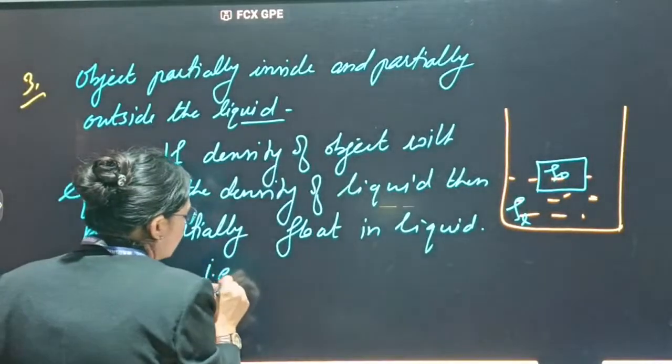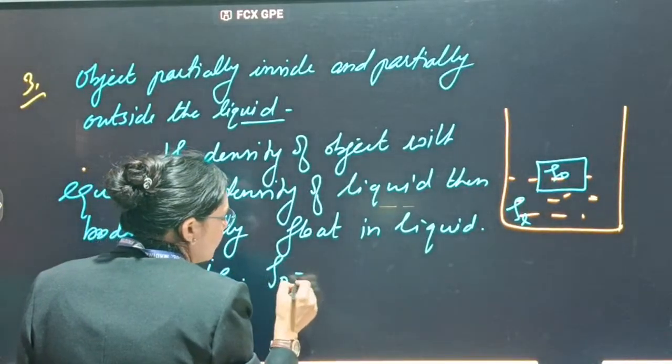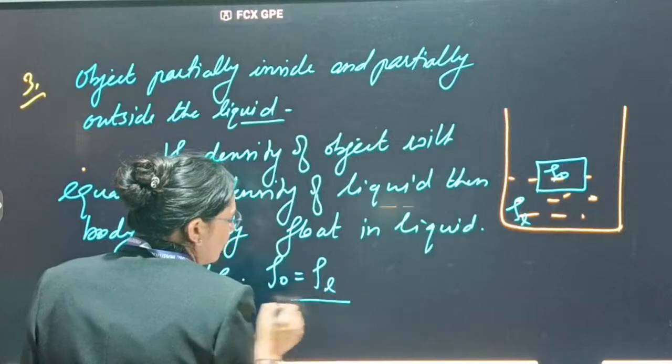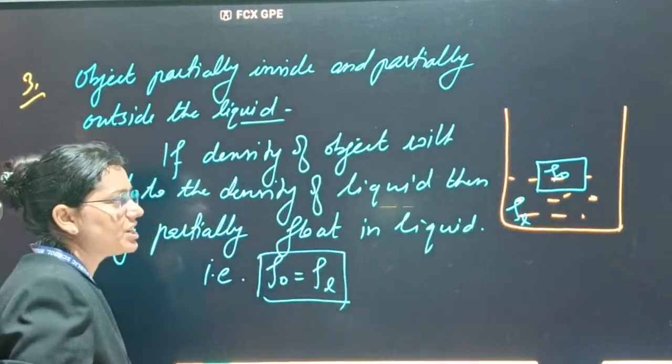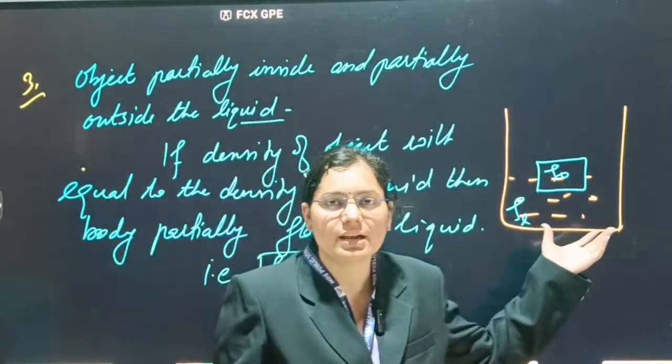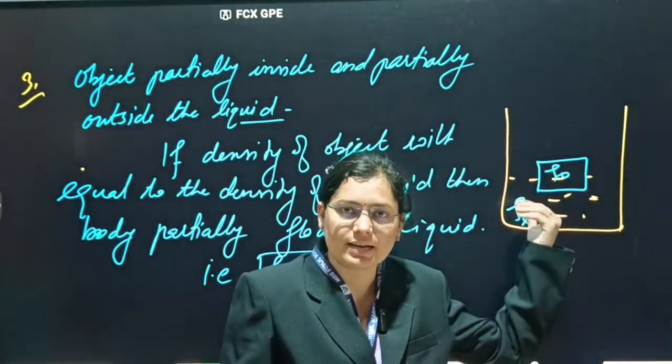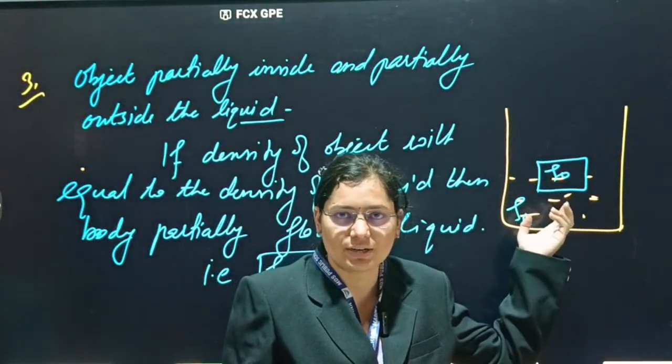That is rho O will be equal to rho L. जब दोनों की डेंसिटी इक्वल रहेगी, तो इस केस में बॉडी partially inside the liquid रहता है, partially will be outside of the liquid.